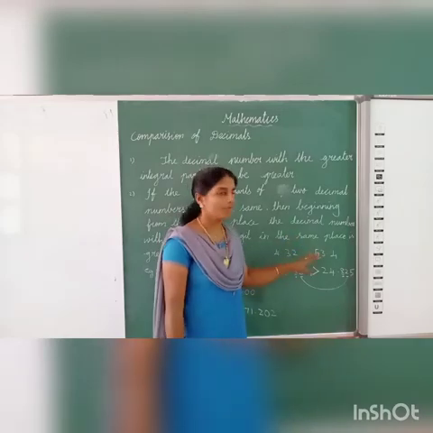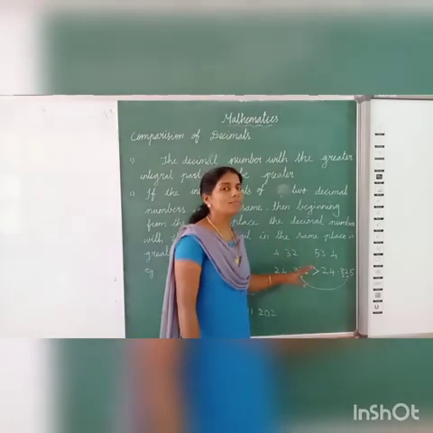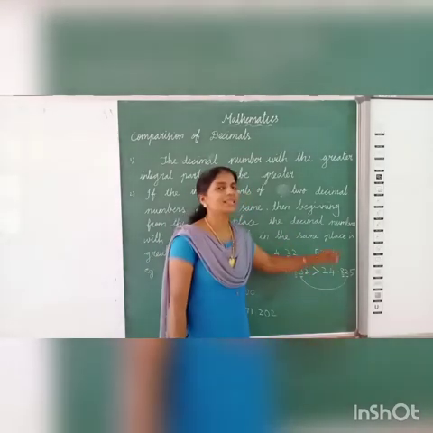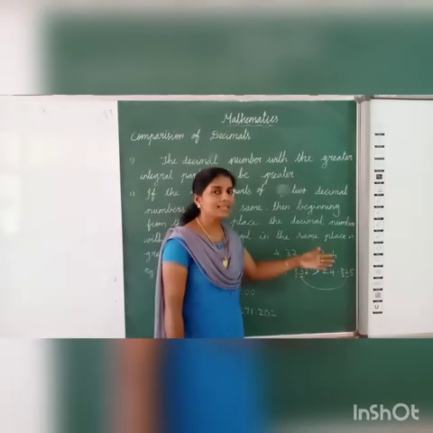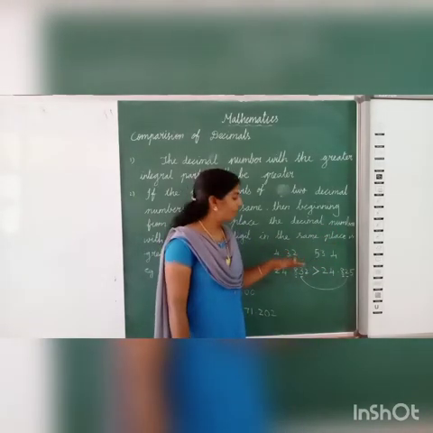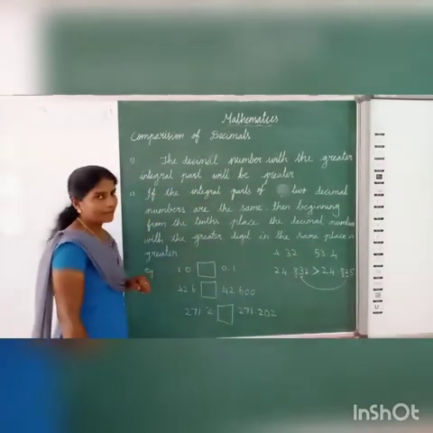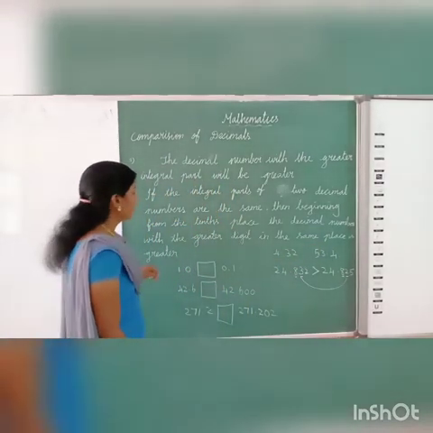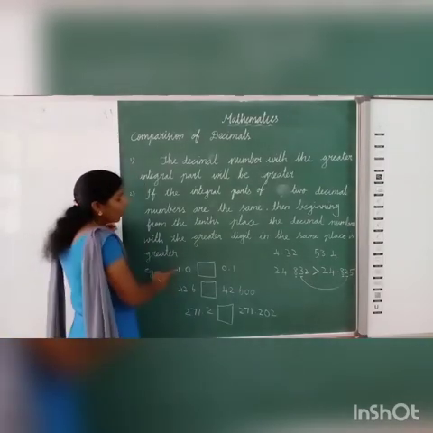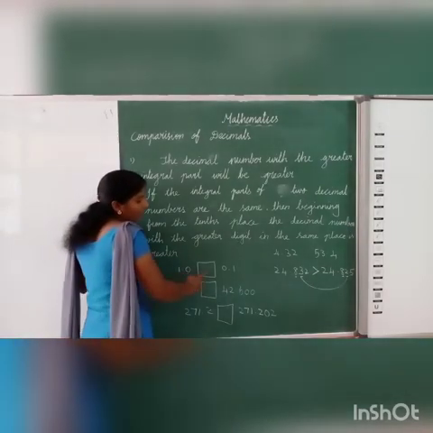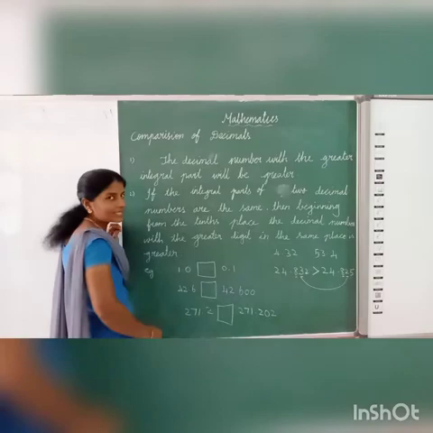If integral parts are the same, we compare the decimal part. There first we compare the tenths place, then hundredths, then thousandths, like this. Okay, which is greater? That is the greater decimal number. Okay. Now here for example 1.0, 0.1, which is greater?